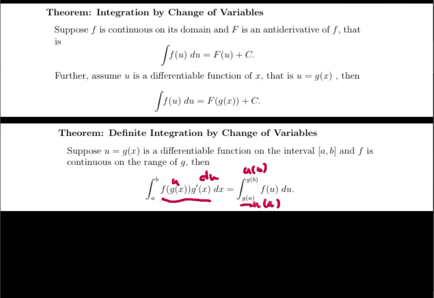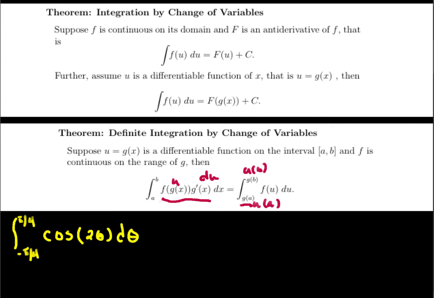compute, say, what is the integral from negative pi over 4 to pi over 4 of cosine of 2 theta d theta.